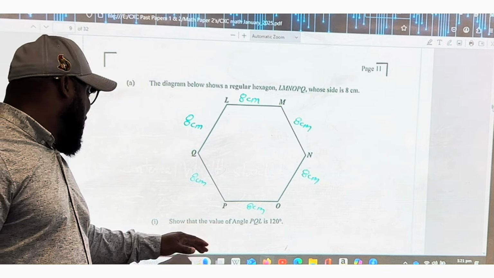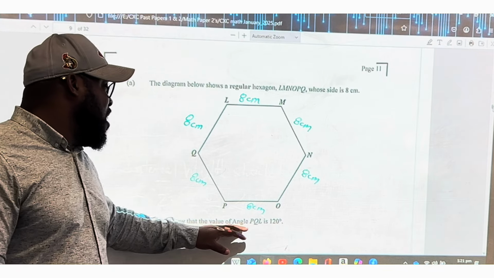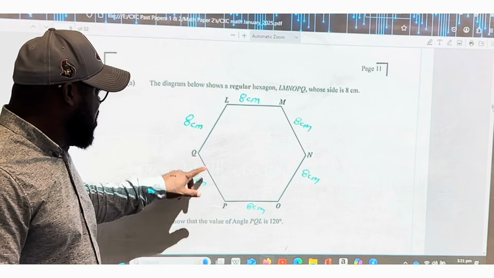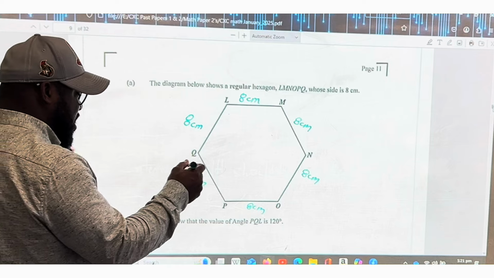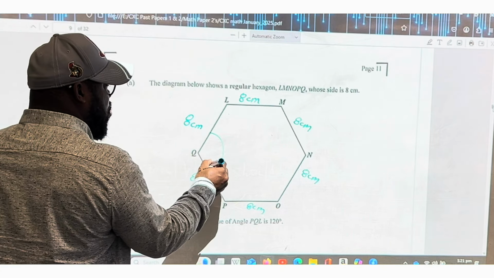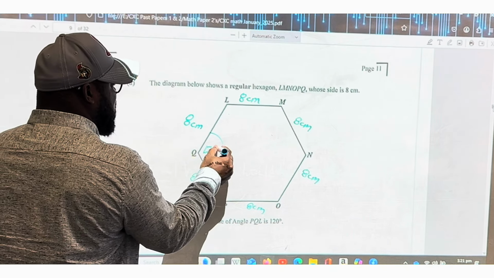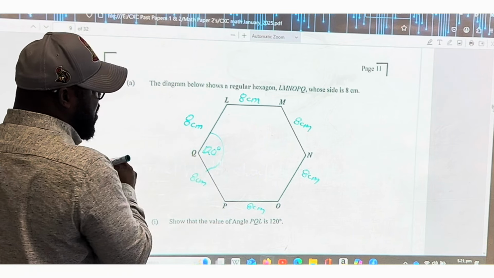Show that the value of angle PQL is 120 degrees.